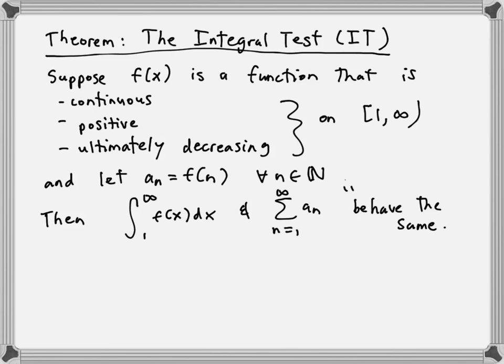Now, what do I mean by behave the same? I'm going to be saying that a lot in this chapter. Behave the same means that they either both converge or both diverge.